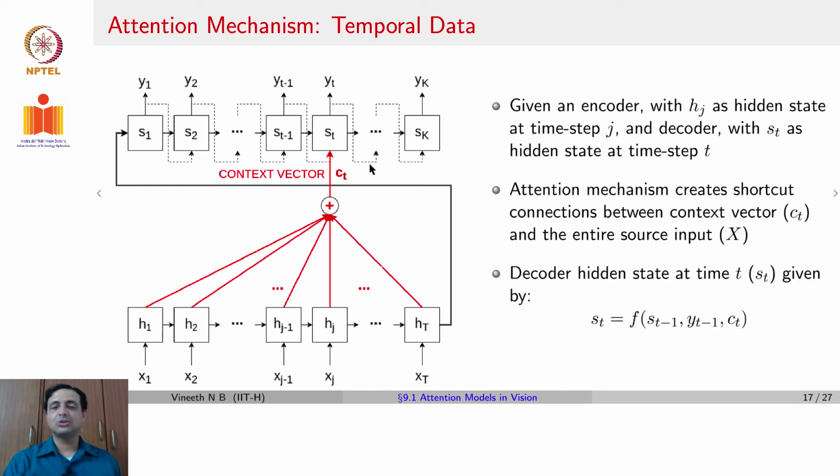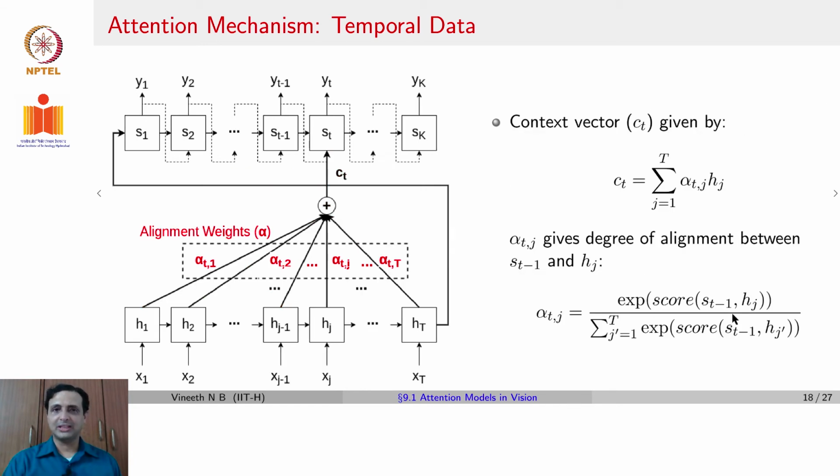So given this context vector, the decoder hidden state st is given by some function f of st minus 1, the previous hidden state in the decoder, yt minus 1, the output of the previous time step in the decoder, which could be given as input to the next time step, as well as the context vector ct.